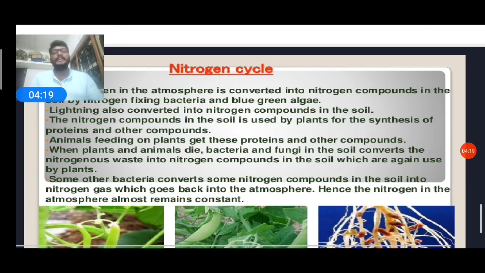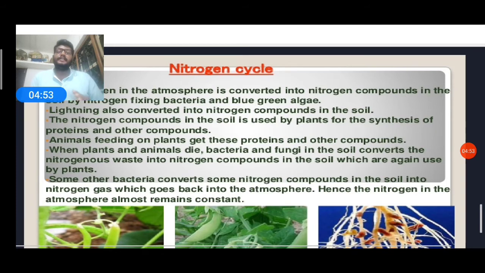Plants prepare food and animals feed on the plants and get protein and other nitrogen elements. Again, if plants as well as animals die, bacteria and fungi convert the dead plants and animals into nitrogen compounds, which will again be utilized by the plants.